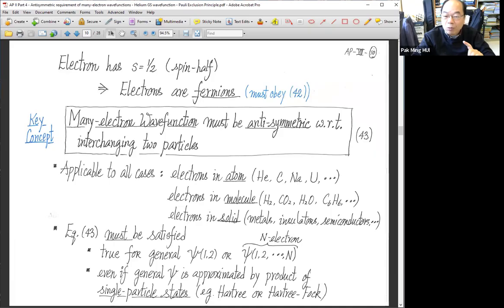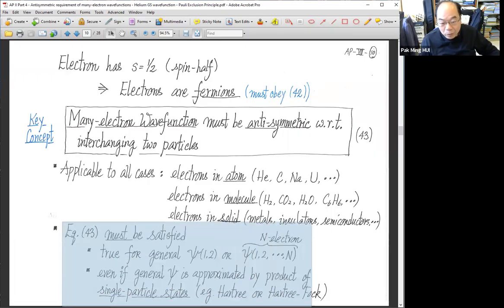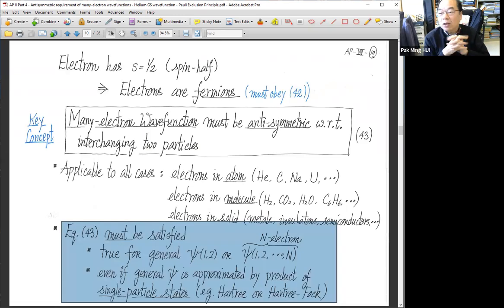So the box, equation 43, summarizes the most important part. We will look into some consequences, but at the outset, let's be very sure. This is a higher level requirement. What do I mean by that?